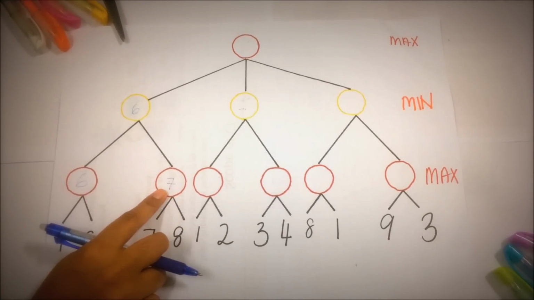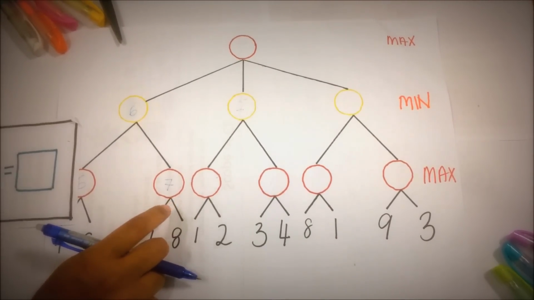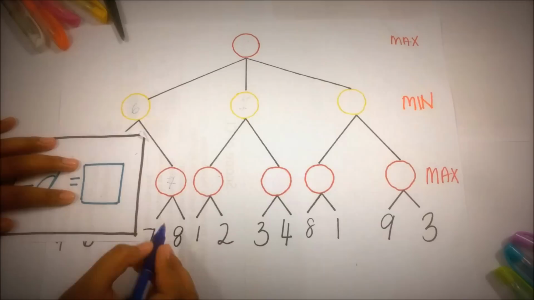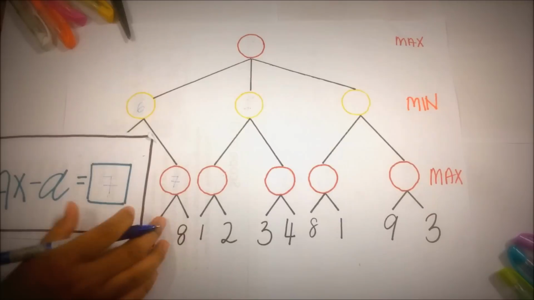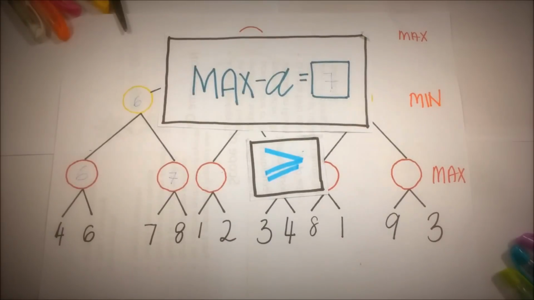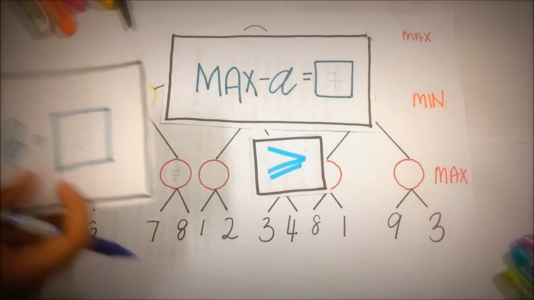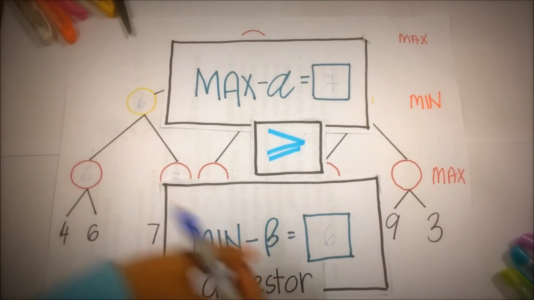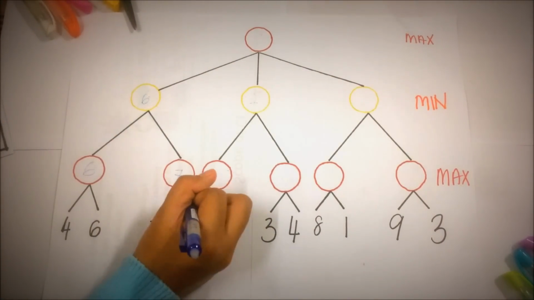Based on the alpha beta pruning rules, for maximum nodes, we can prune if the value alpha, which is 7, is greater than the beta of the ancestor, which is 6. So that's why we prune here.